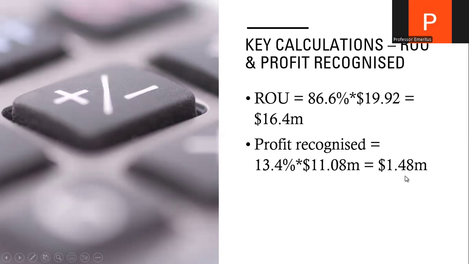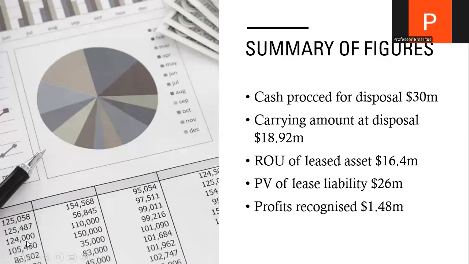This is the profit that the company will recognize in this period, because this is the proportion of the right that was transferred to the buyer lessor. And this is the right retained, 86.6% of 18.92.